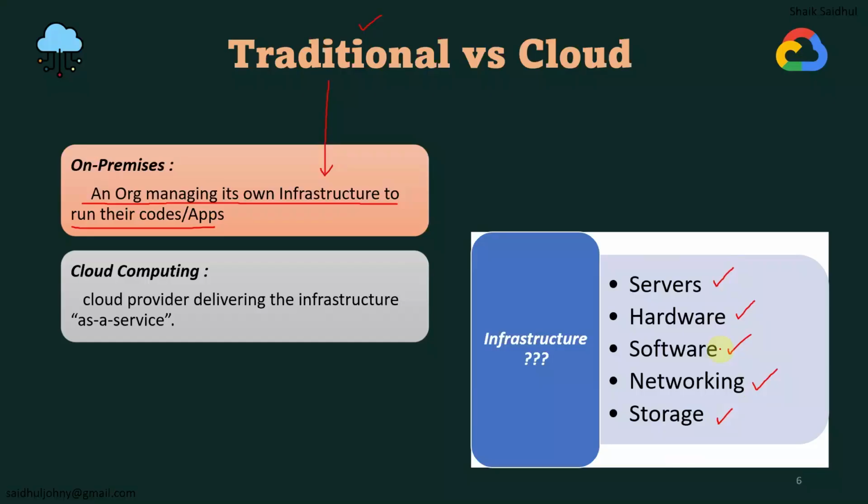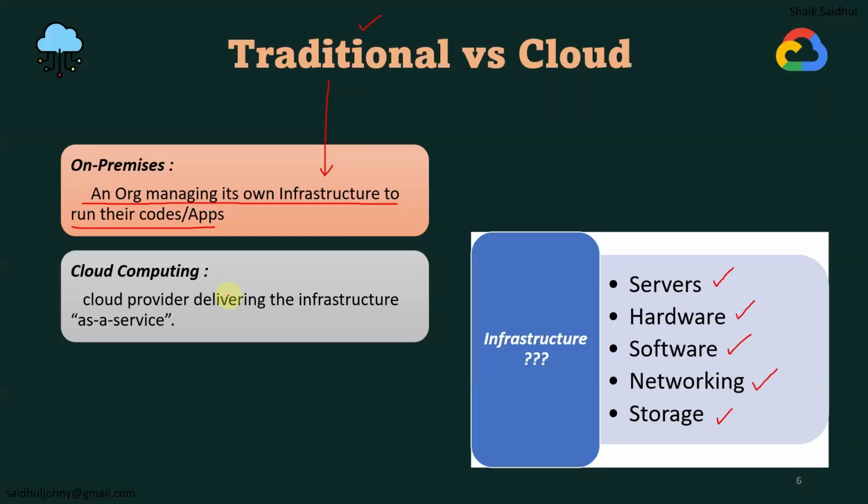When you are working in a traditional working model, your company has to manage the entire infrastructure so that your application will run. But when you're working in the cloud computing model, a cloud provider will deliver the infrastructure as a service to you so that you can focus on innovation. You can focus on development rather than building the infrastructure.